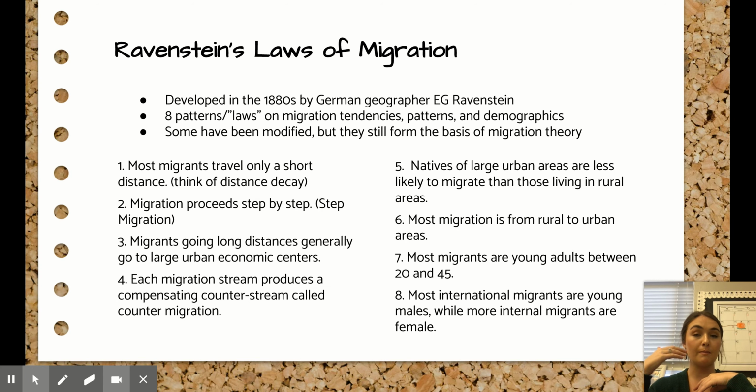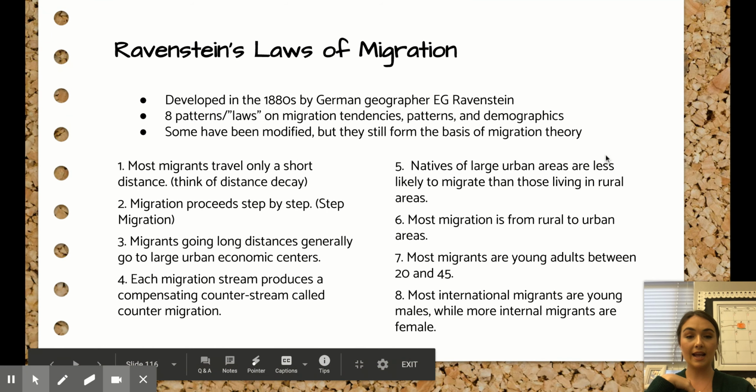There were a lot of male migrants to those places because of the oil field, where more internal migrants are female, which means they're moving within their own country. And that's generally because they would move where their husband lives. I guess I'm actually an example of that. I was an internal migrant. I did not live here, but I got married, and so I moved here.